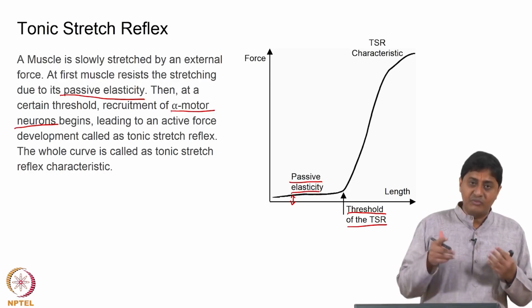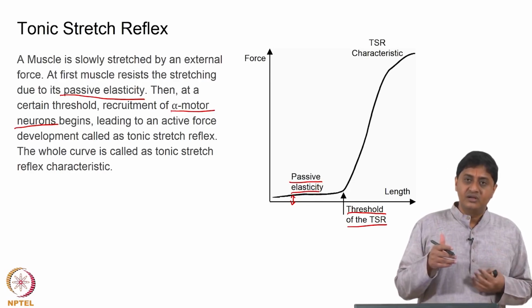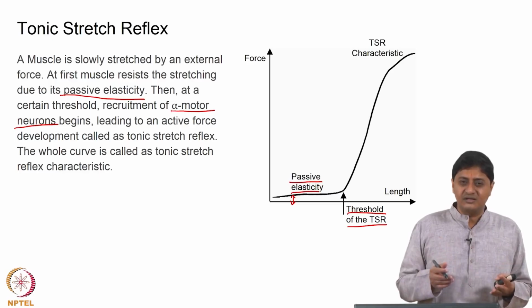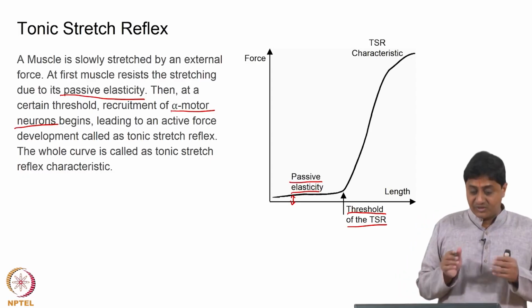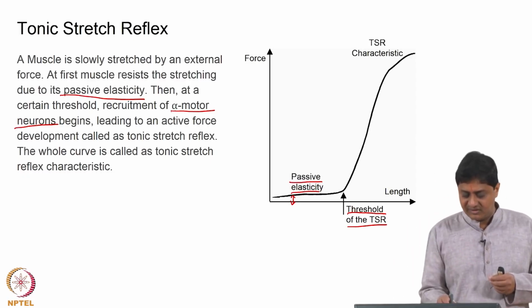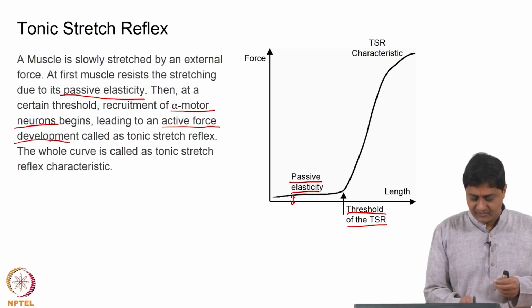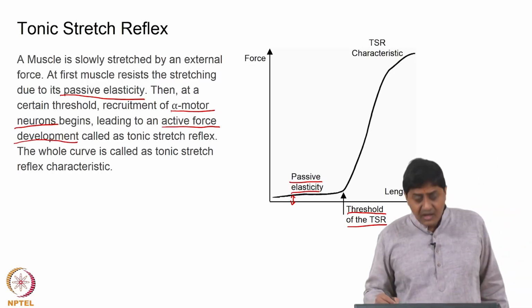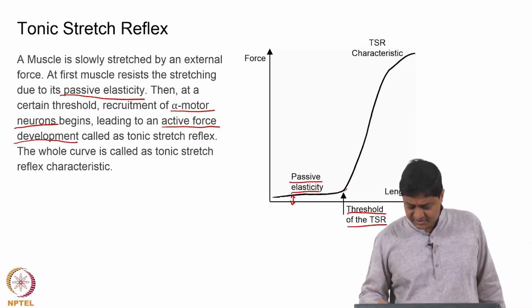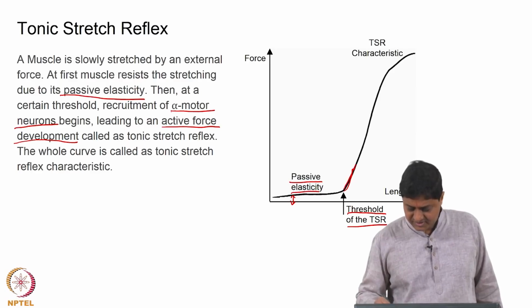That means this activation must happen where? These alpha motor neurons are located in the spinal cord, so they must be excited through some means, leading to what is called active force development, and this increases. That is the characteristic.